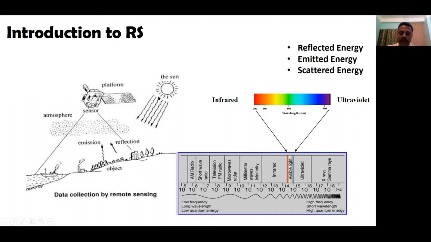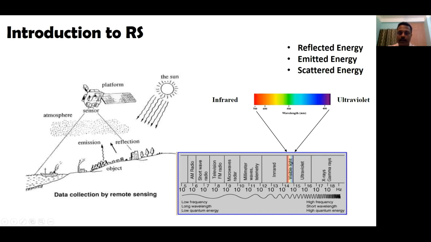Another type of energy is that once the whole electromagnetic spectrum is traveling from the sun, part of it penetrates the atmosphere, and then it is incident on some of the objects. Some of the energy is absorbed, and the object actually emits it in a different waveform. Again, if the sensor is able to capture that energy, this is the emitted energy.